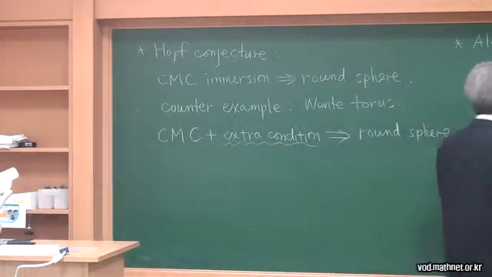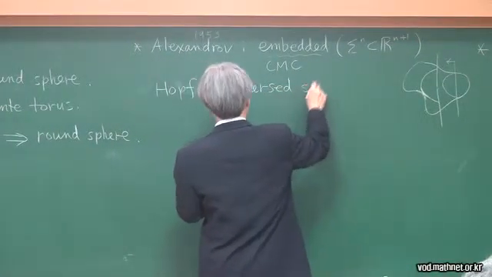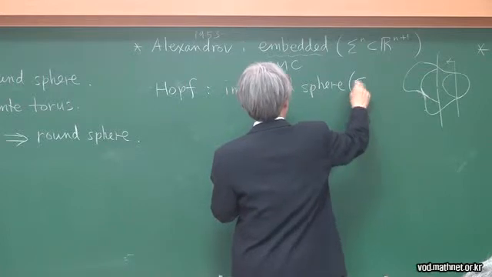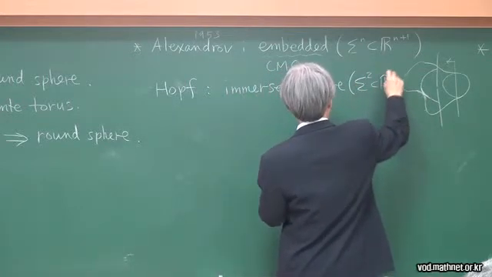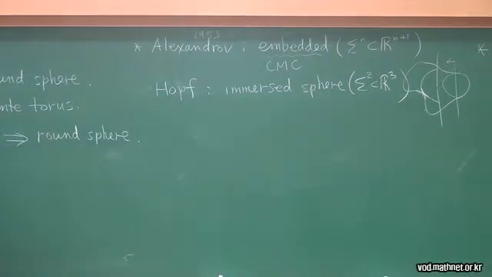Hopf gave an extra condition: immersed sphere. Similar to in R3, if you assume that the immersed surface is a sphere, then it has to be round. He used the positive Euler characteristic for this proof.